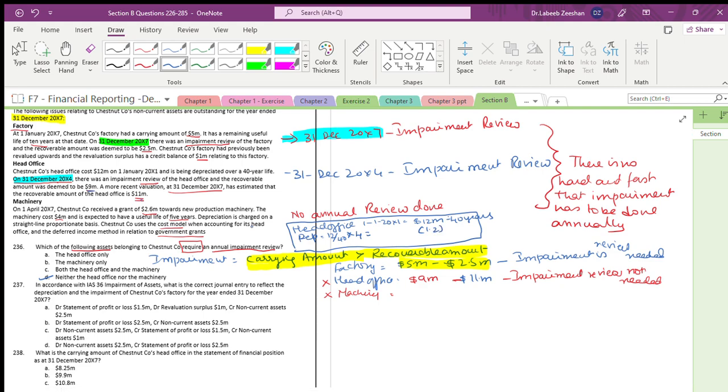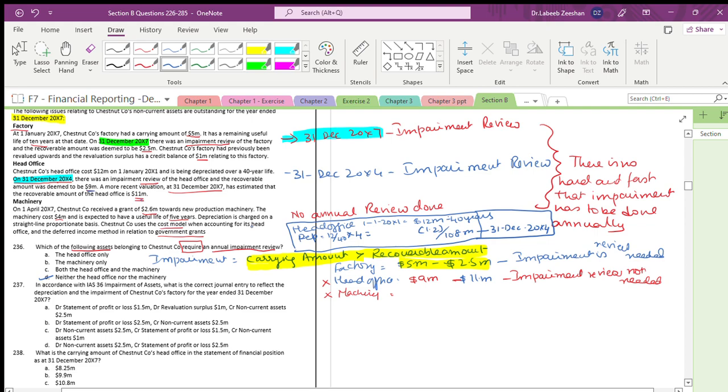How much is the balance amount? The balance amount will be 10.8. Fine. Exactly. This happens on 31st December 2004.